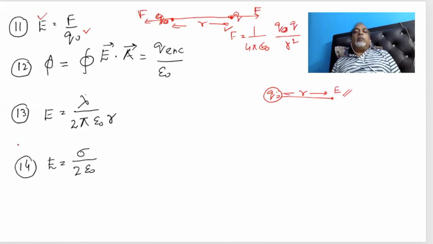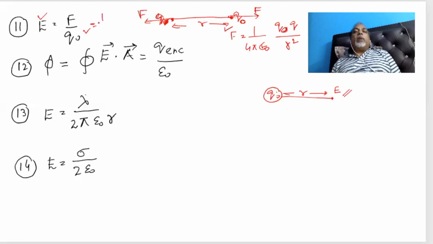And this formula we can write like this also. Sorry, if you want to find out the field at Q0, this is Q0 and this is Q. Due to Q, at Q0, this will be the electric field.